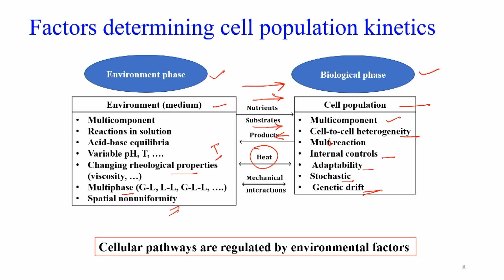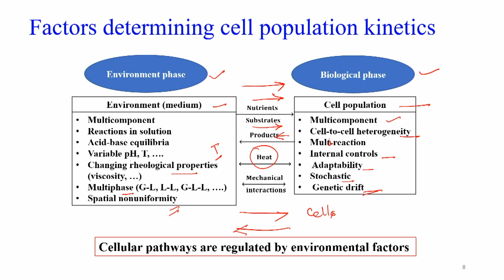So, in one case medium is flowing, let us say, there is mass transfer from the environment to the cell, and further cells generate certain metabolites which can change the rheological property like viscosity, and that again affects the mechanical behavior of the environment or the growth medium.